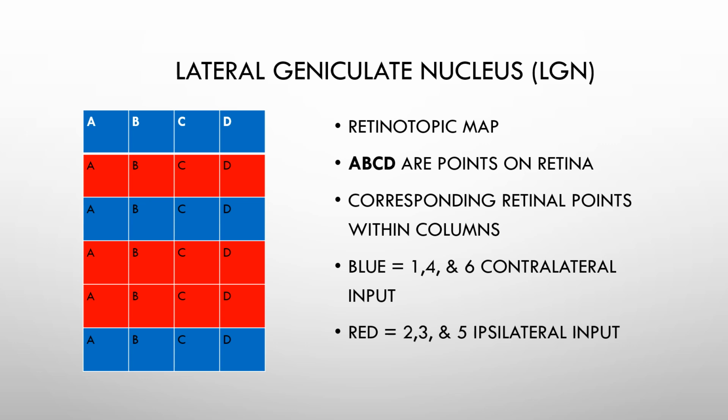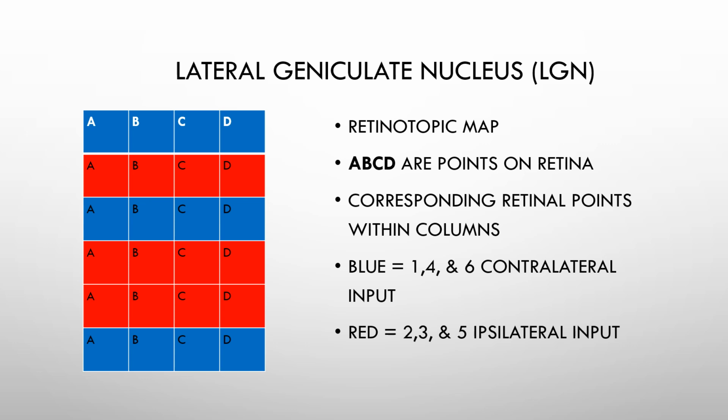I'm adding a D to my A, B, C, and D here. And so A is close to B in visual space, A is close to B on the retina, and A is close to B in the lateral geniculate nucleus. Those layers now, 1, 4, and 6 are going to be information coming in from the contralateral eye. Then our 2, 3, and 5 are what's shown here in red.